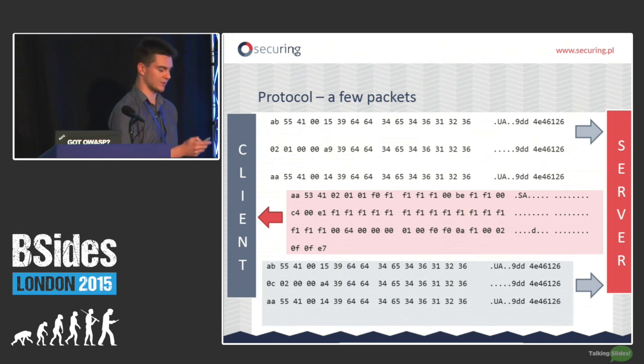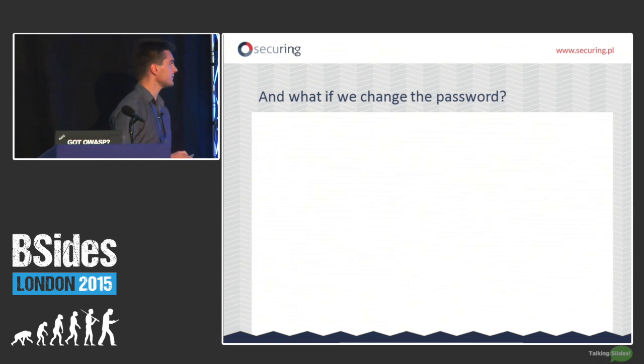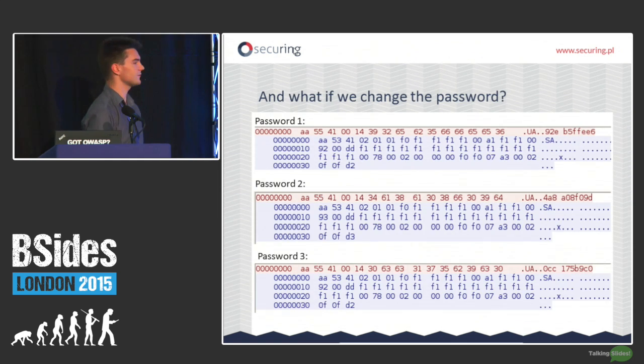Well, what we first tried to do was changing the password to this appliance. So we took 3 of these passwords, and actually only these 10 bytes changed. So, well, obviously, do you know any 10 bytes hash function or something like that?